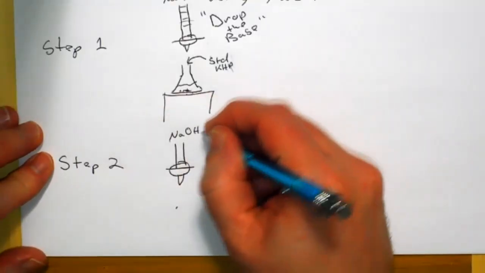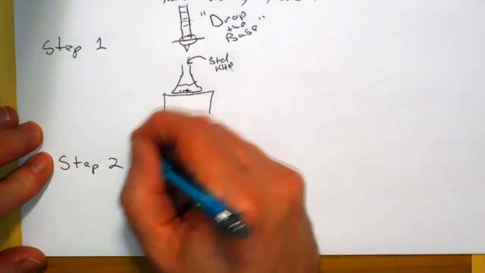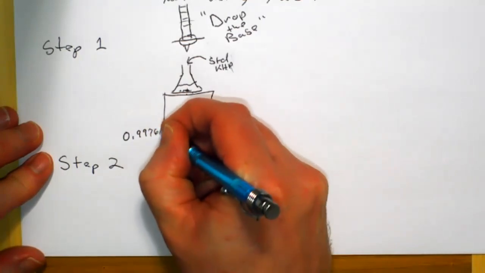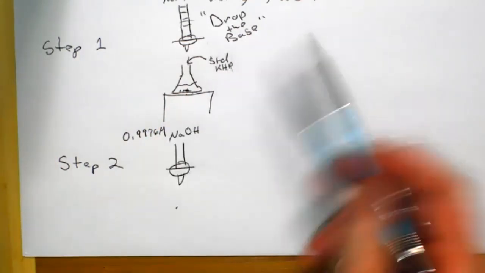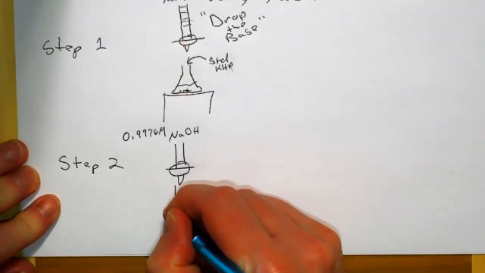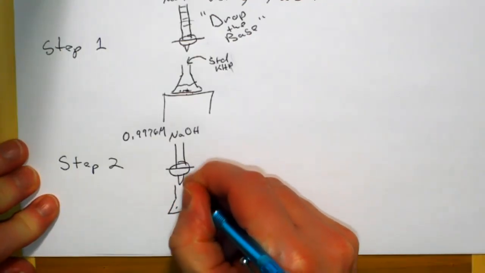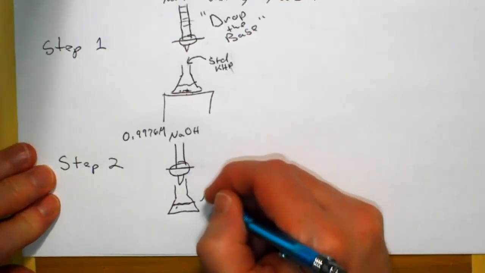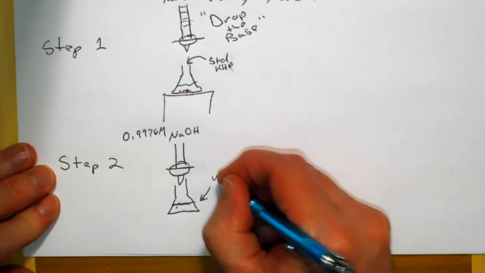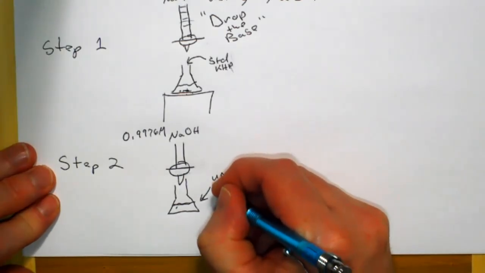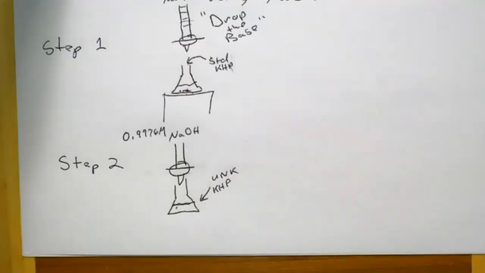So we'll say sodium hydroxide, now we say that's 0.9976 molar, whatever we calculate from the first step. And we'll drop that into a solution of our unknown. So now we're going to put unknown KHP. You can see how dyslexic I am when I start words in the middle.